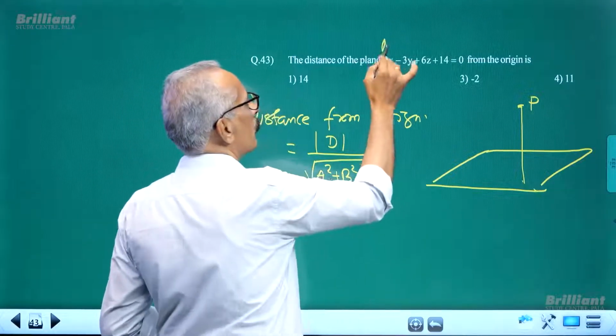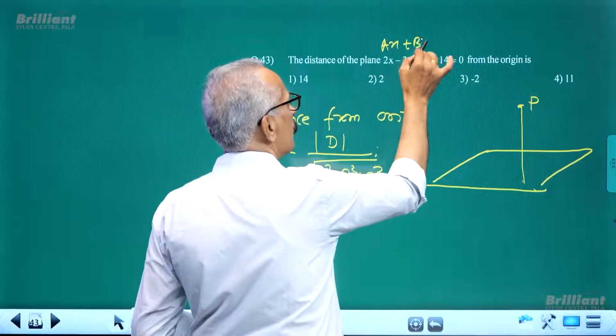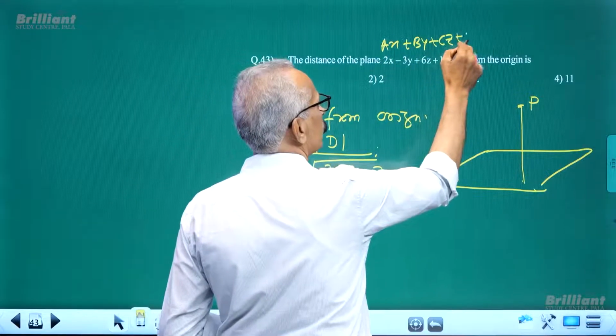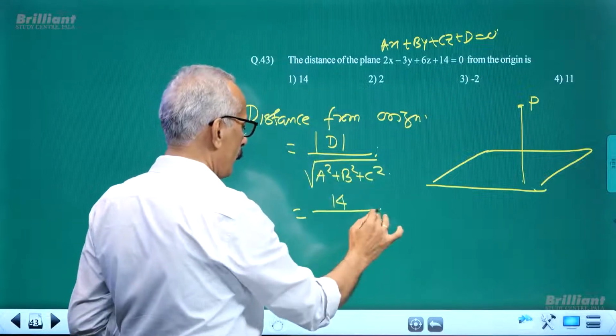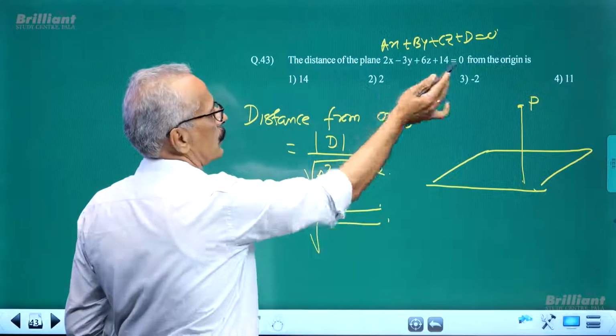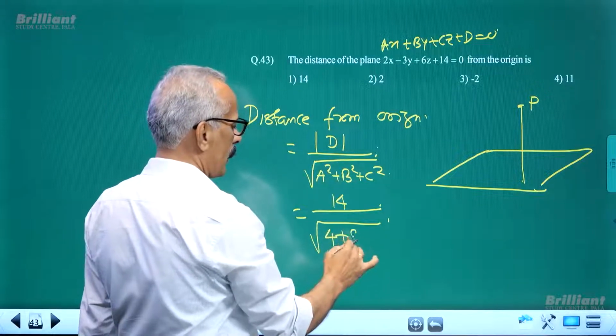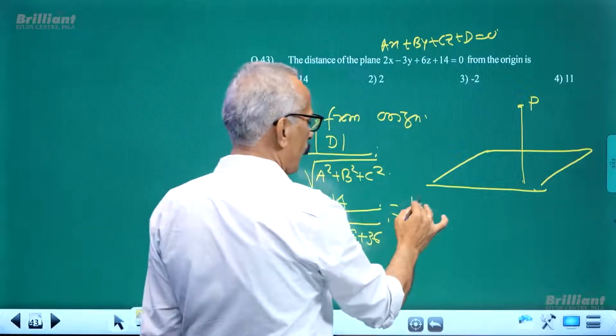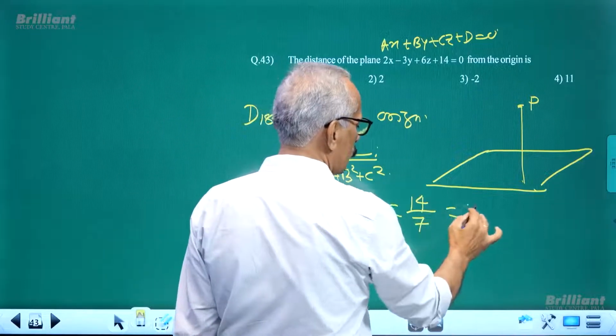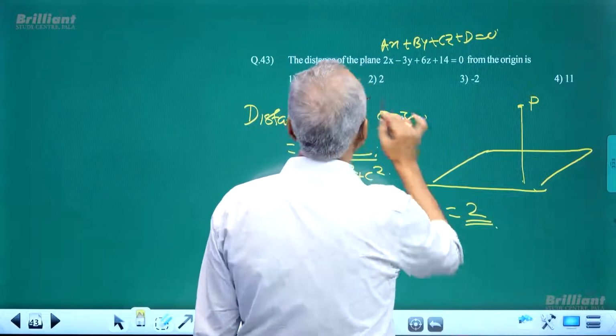I take this plane as ax plus by plus cz plus d equal to 0. Modulus of d, 14, divided by square root of a square plus b square plus c square, that is 4 plus 9 plus 36, 49. That is 14 divided by 7. That is 2 units.